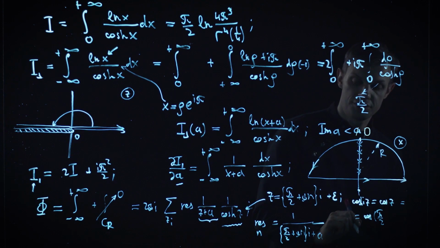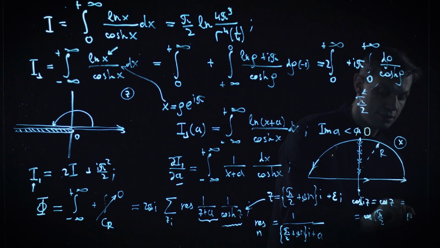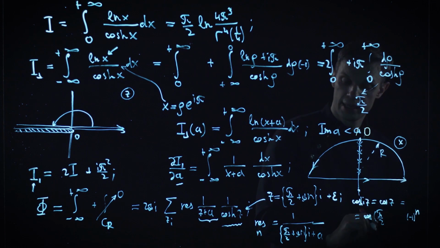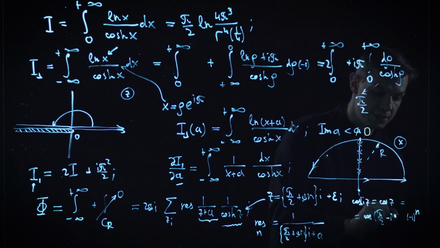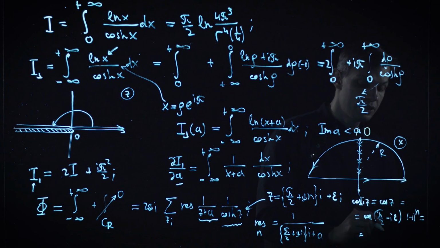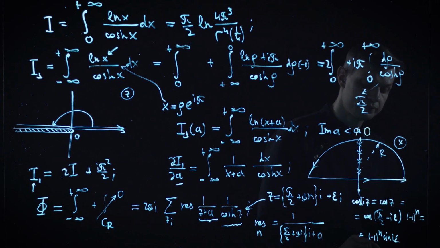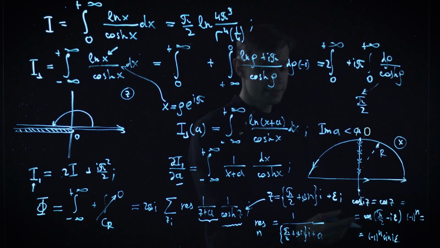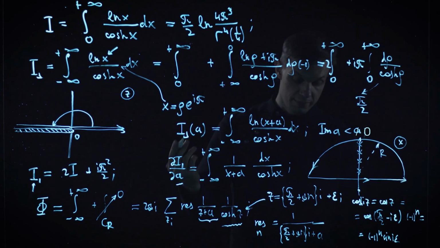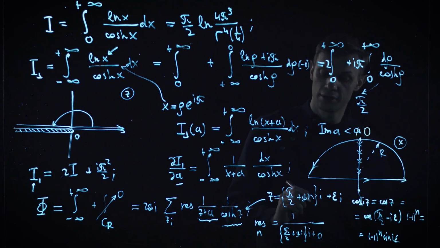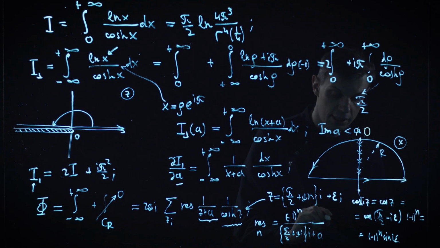You can factor out pi n. It is turned into -1 to the n, and minus I epsilon, which basically brings you sine of I epsilon. Once you analyze the behavior of this denominator, you immediately arrive at the conclusion that the residue is -1 to the n divided by I.